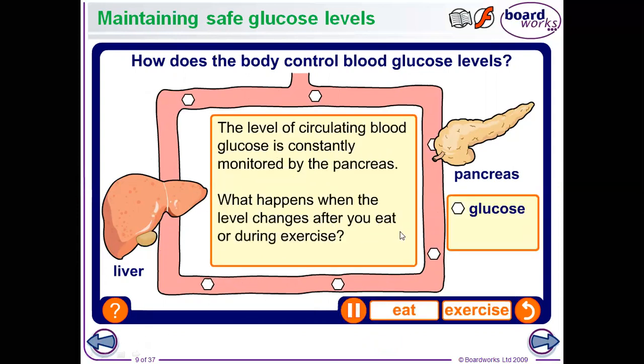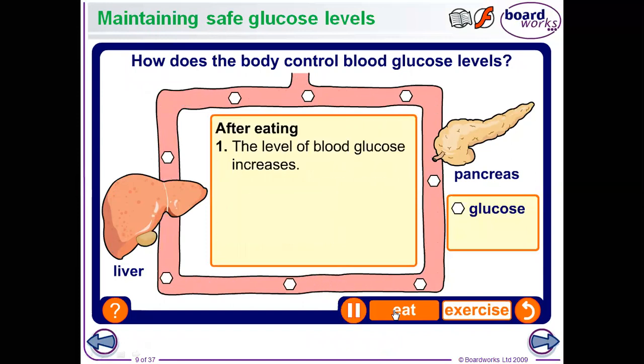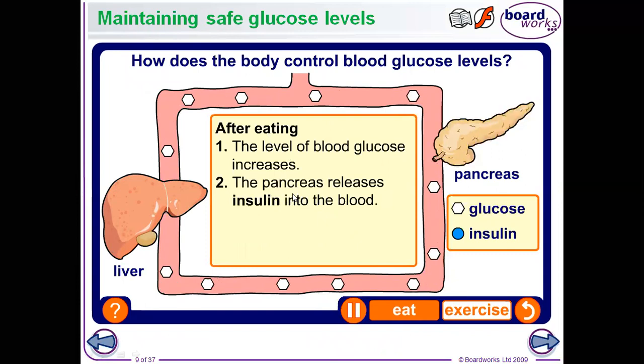So let us start. For example, I eat something. When I eat some carbohydrate, my blood glucose level increases. When my blood glucose level increases, definitely the pancreas will start production of insulin. So the pancreas detects that and starts production of insulin.